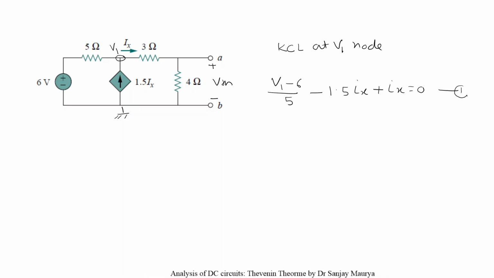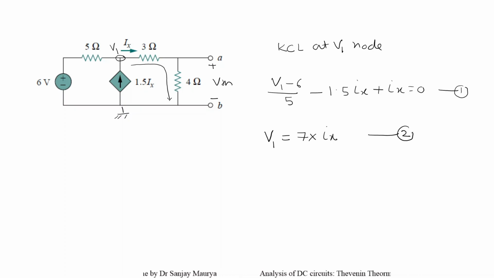This is equation 1. Now look over here, this branch. This is coming over here. So the voltage across this one will be your total V1. So voltage V1 can also be written as Ix multiplied by 3 plus 4, that will be 7 into Ix. This is going to be your second equation. After solving these two, I can determine the value of Ix, which will come out as 4 by 3.